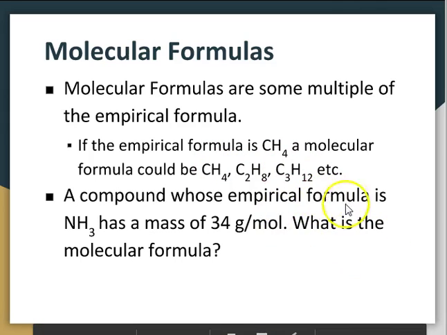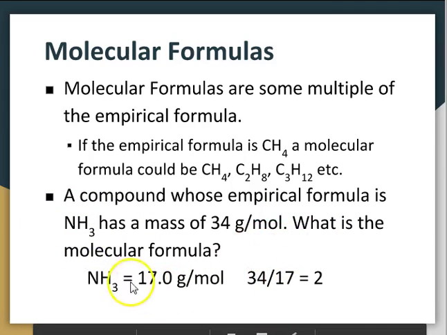Let's say your empirical formula is NH3. You know that you have one mole of nitrogen for every 3 moles of hydrogen, right? But the molar mass of the compound that you're dealing with is 34 grams per mole. What's the molecular formula? Well, we know that this empirical formula has a mass of 17, right? 14 plus 3.